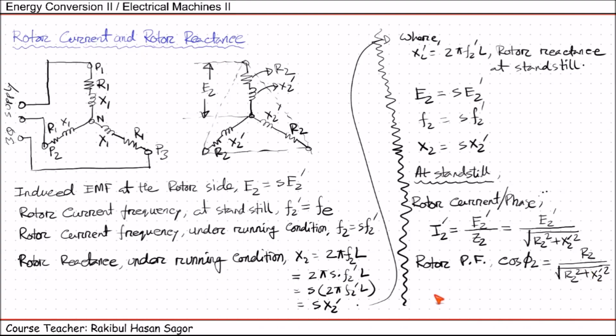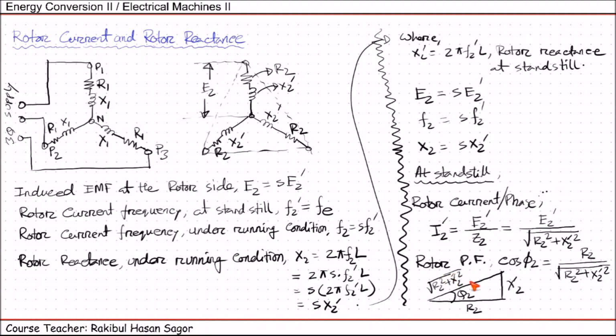Actually, what happens, we have R2 value in this direction, X2 value in this direction. This is the power factor angle phi 2. So according to the Pythagoras, this line will be root over R2 square plus X2 prime square.